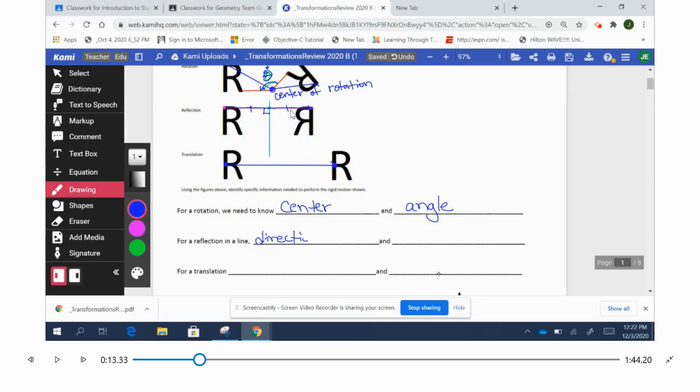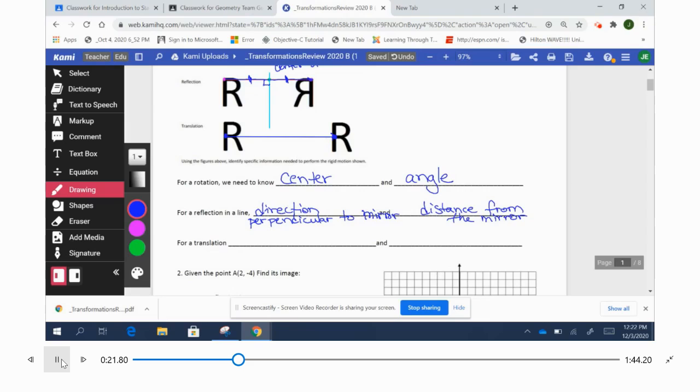These slashes here mark that they have to be the same distance. So A prime has to move perpendicular to the line of reflection and the same distance from the line of reflection. So we need a direction, which is perpendicular, and a distance.